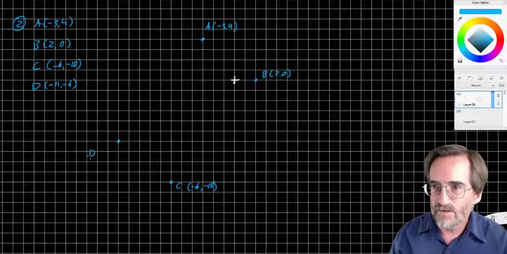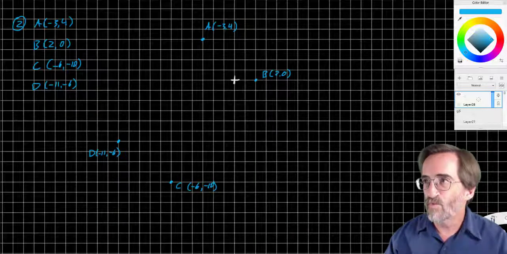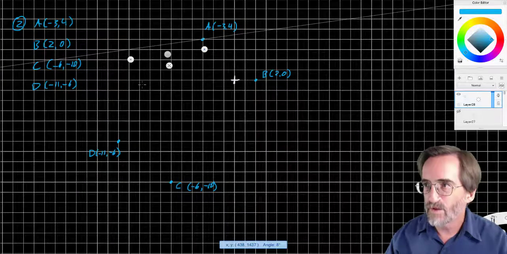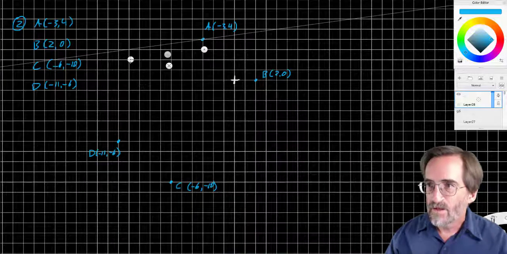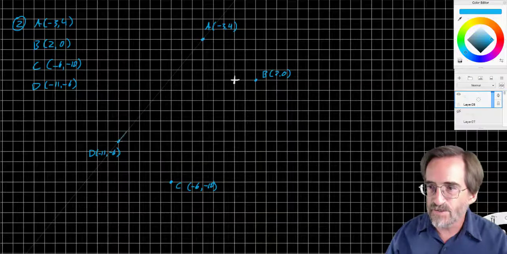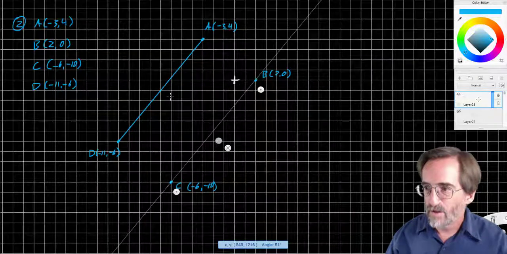Okay, D, -11, -6. Now you could guess as to what kind of shape we have here. It's a quadrilateral for sure. There is a possibility it's a parallelogram, in which case I would need to test the slopes to determine if they are parallel.